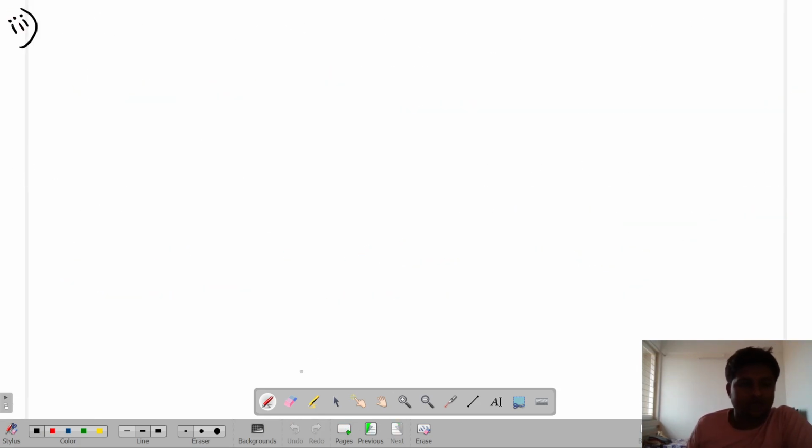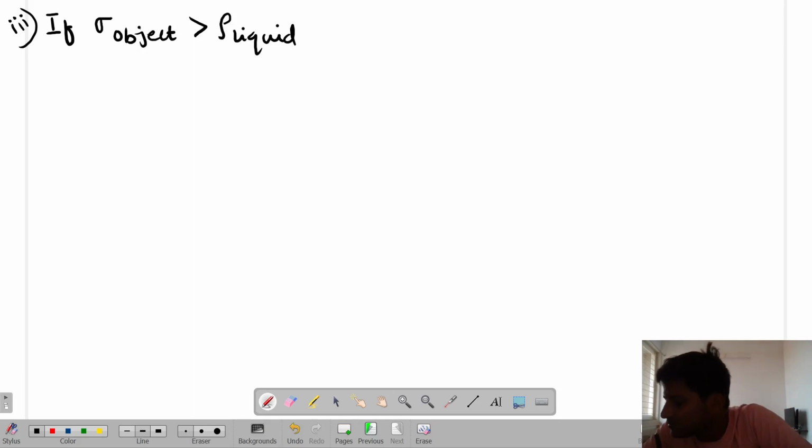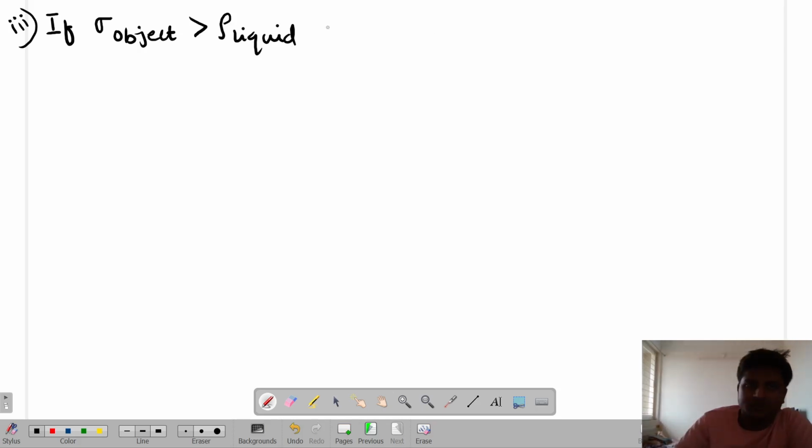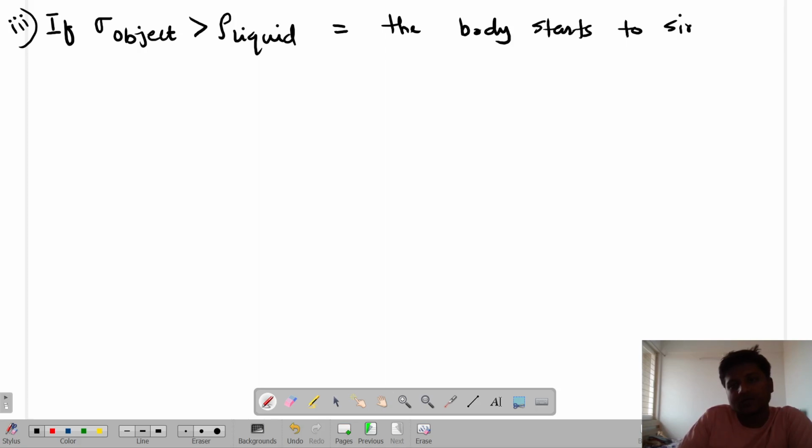Nothing in fluid mechanics is hypothetical. If the density of the object is more than the density of the liquid, the body starts to sink. It's not going to float.